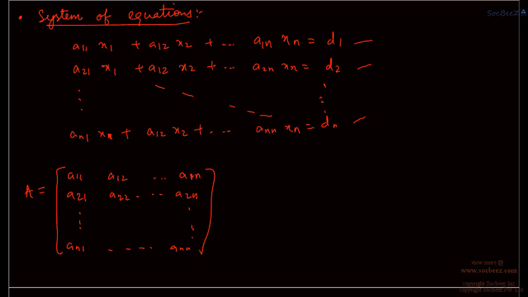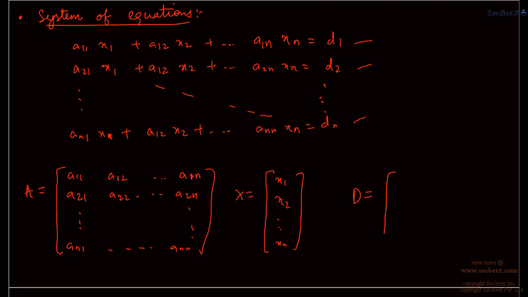Right. So this is my coefficient matrix A. I then consider my unknown matrix X. Now this is just a column matrix, right? This is just x1, x2 till xn. If you actually look at these two, they multiply to give you the left hand side of all these equations, right?